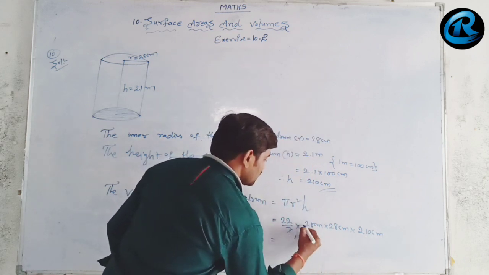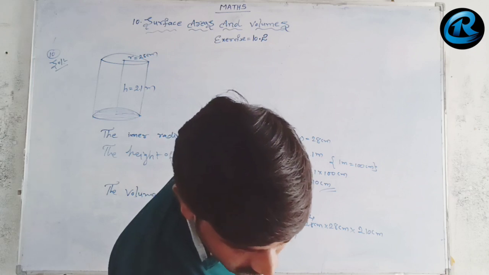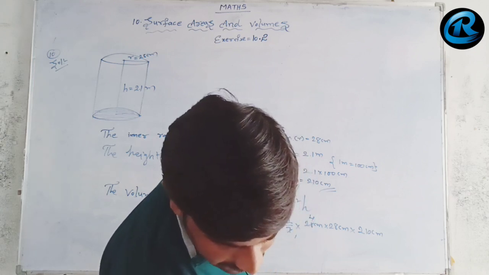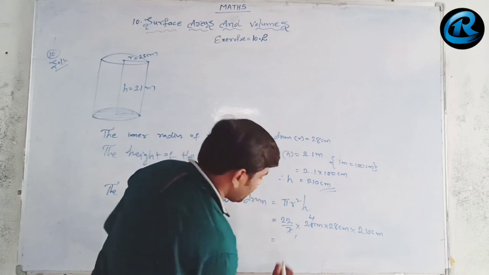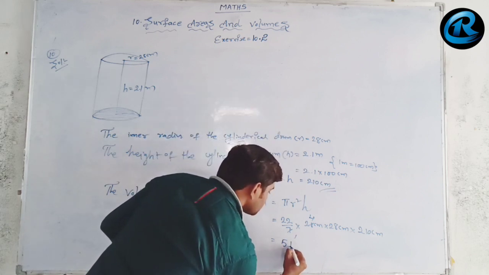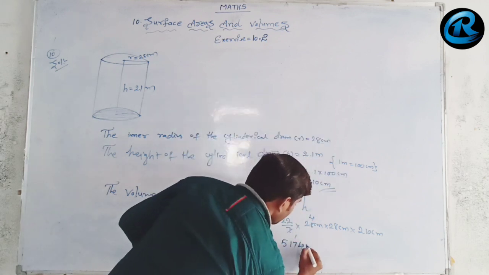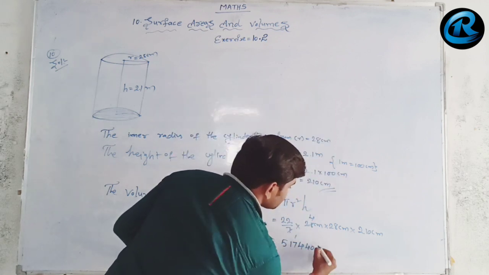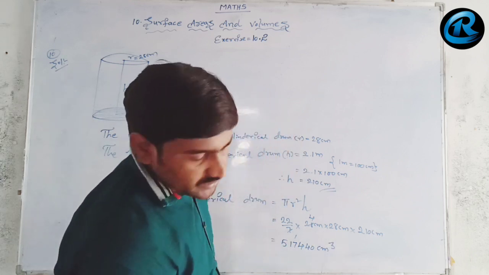Multiplying all this, you get directly 5 lakhs 17,440 centimeters cube.